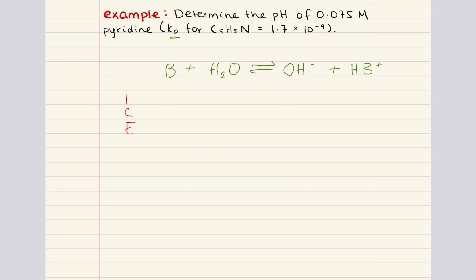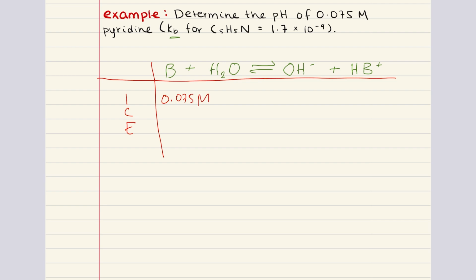Here for the ICE table, for that first step, I stands for initial concentration, C stands for change in concentration, and E stands for our equilibrium concentration. We start off with 0.075 molar pyridine. That is our weak base.